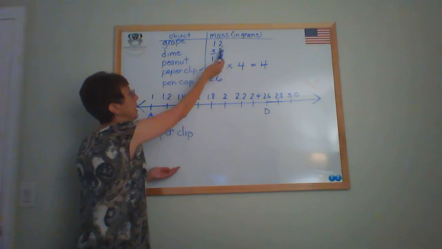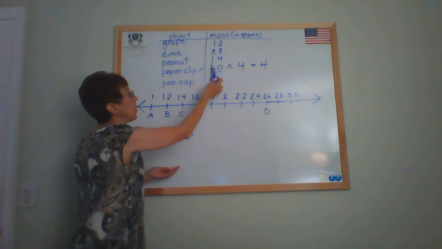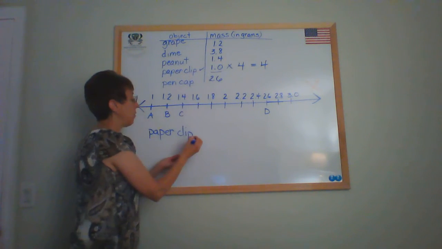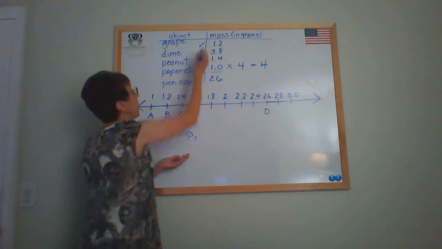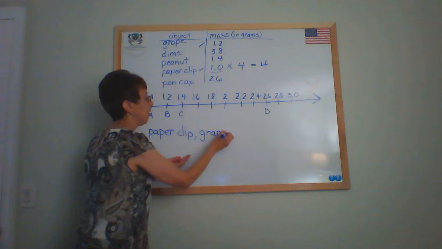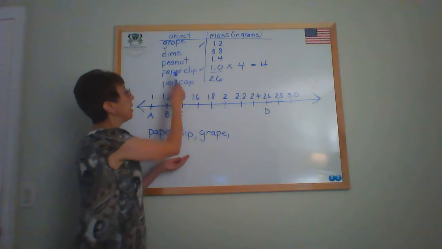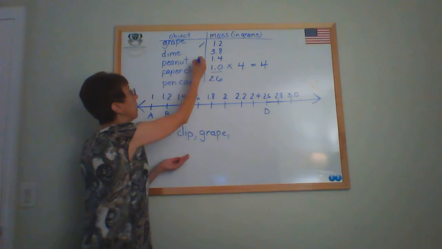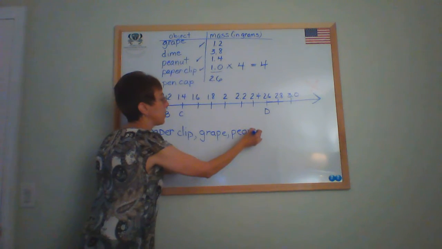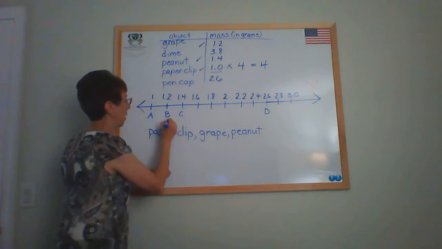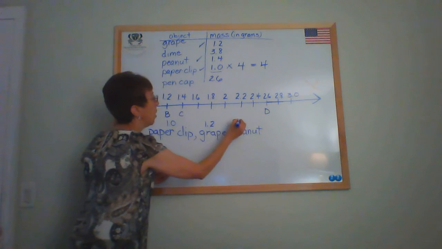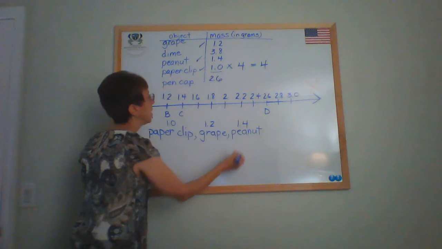Okay, we have 1 and 2 tenths, 3 and 8 tenths, 1 and 4 tenths, 2 and 6 tenths. So after the 1, it would be the grape at 1 and 2 tenths. After that would be the peanut at 1 and 4 tenths.